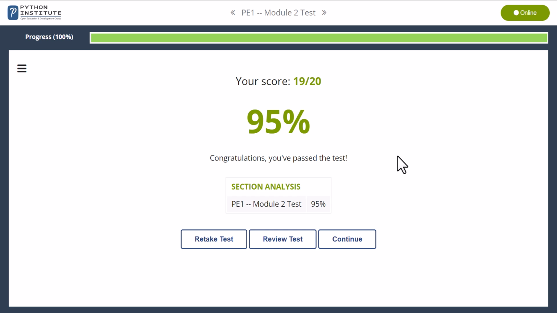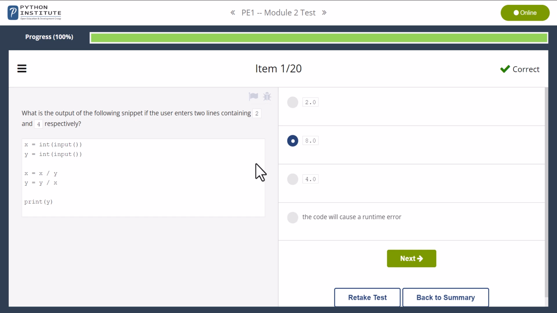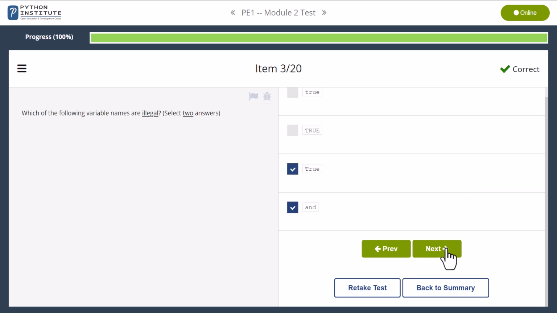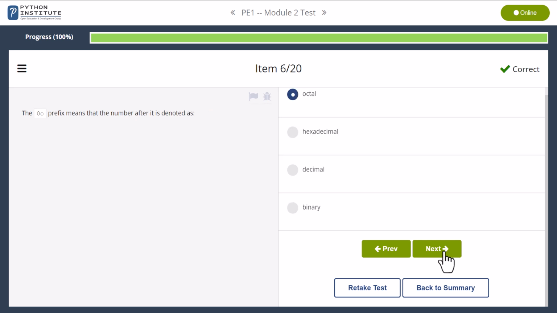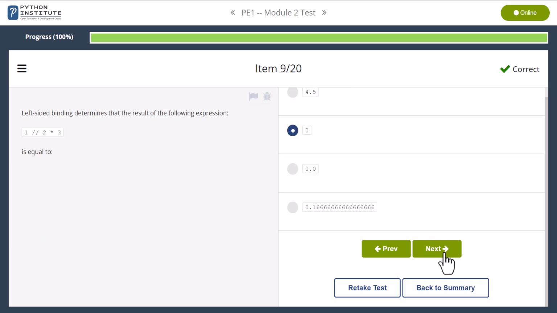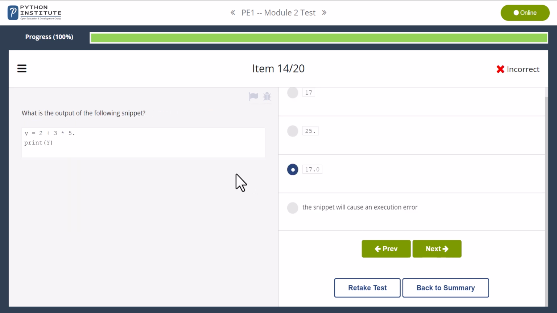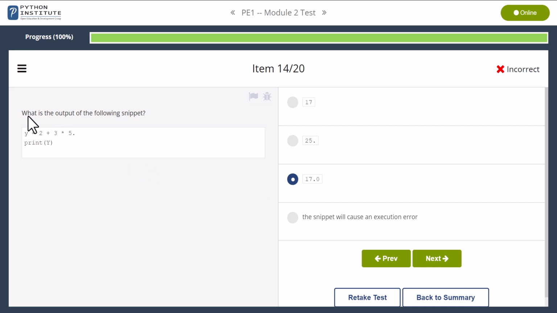Okay, we have one mistake probably. Let's review what was wrong. Okay, this is correct. This all is correct. There is one error. Okay, let's take a look at this one. What is the output of the following snippet?